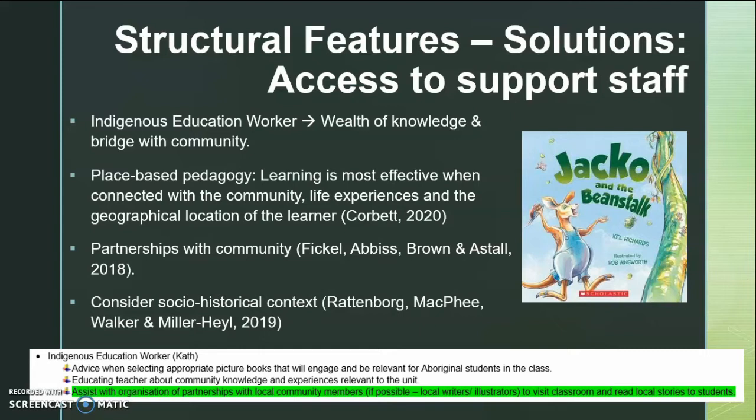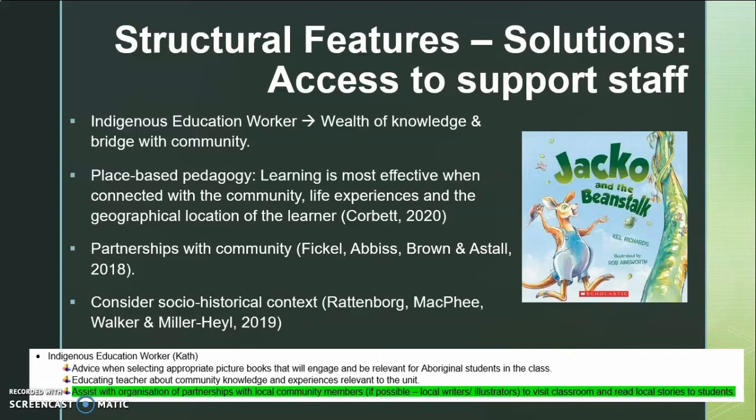This choice was informed by place-based pedagogy, which recognises that learning is most effective when connected with the community, life experiences, and the geographical location of the learner. Additionally, Fickle, Abyss, Brown and Astle 2018 emphasise that partnerships with community are essential to develop culturally responsive practices that engage learner identities and culture into the classroom.